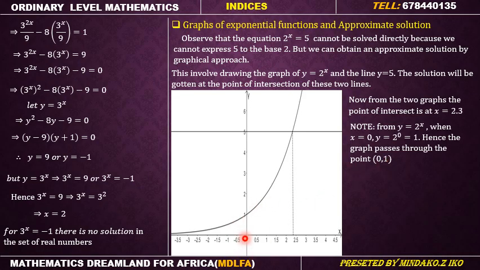Some of you might be asking why the graph passes through this point. You can also choose your own values at random, even between -10 and 10, or -10 to 20. It depends on you.